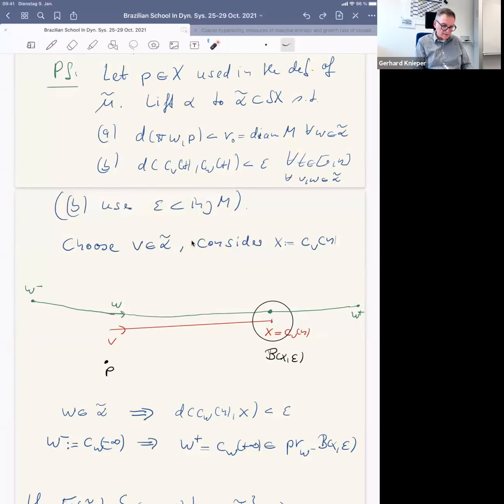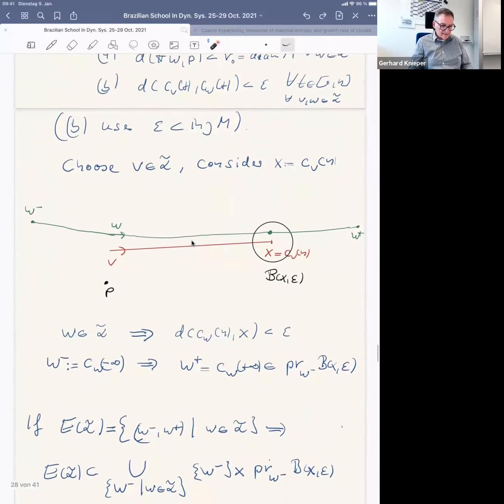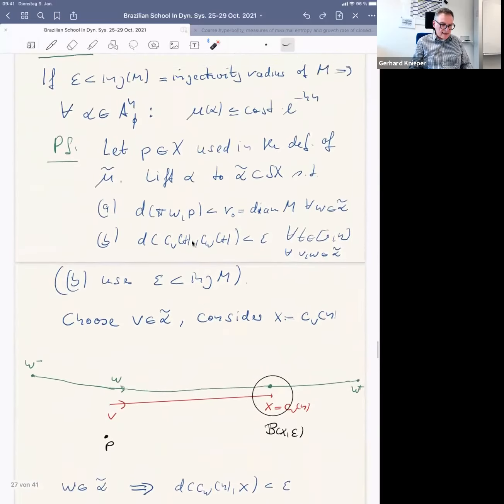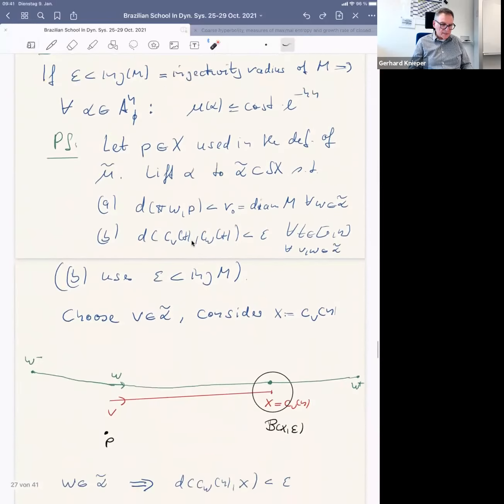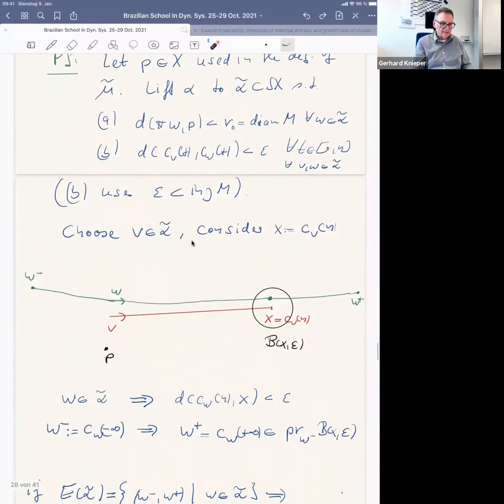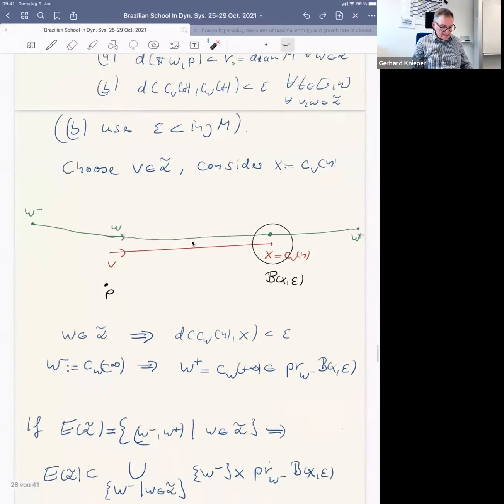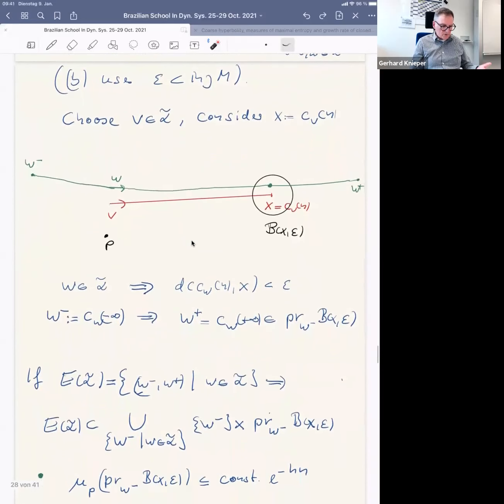So that's important. More or less a trivial translation of what we have, and now I take not the full partition, but this part alpha tilde, this element of this partition, and take all endpoints of this.